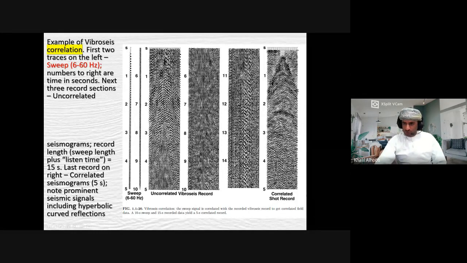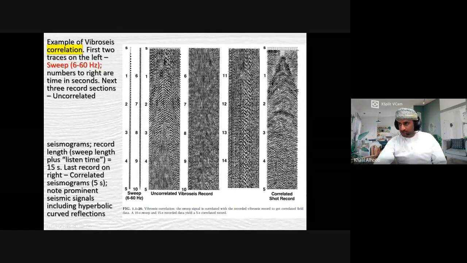However, what you do is correlate the sweep itself with this recorded data of 15 seconds. So this is 10 seconds, this is 15 seconds. Your final correlated shot record is going to be 5 seconds.